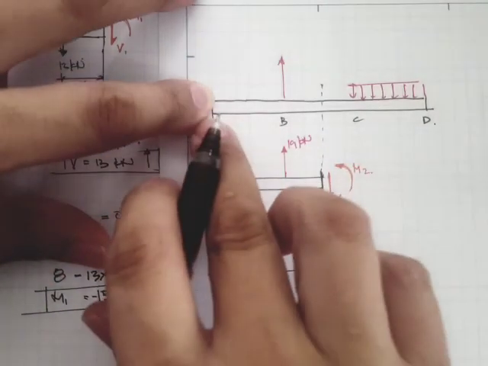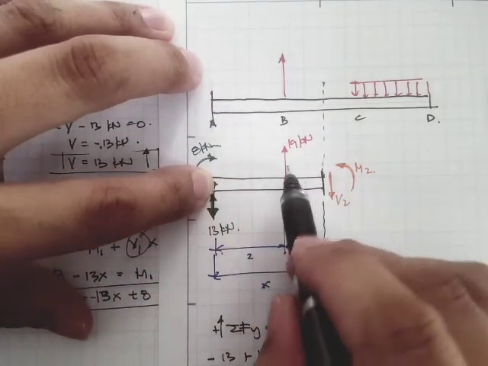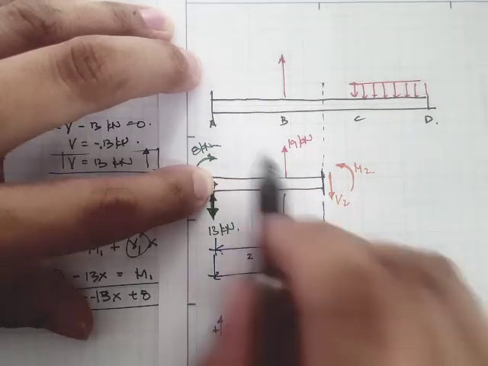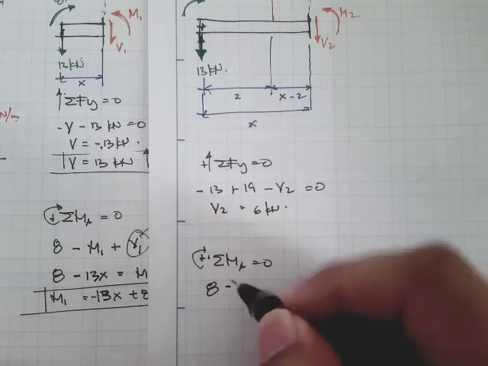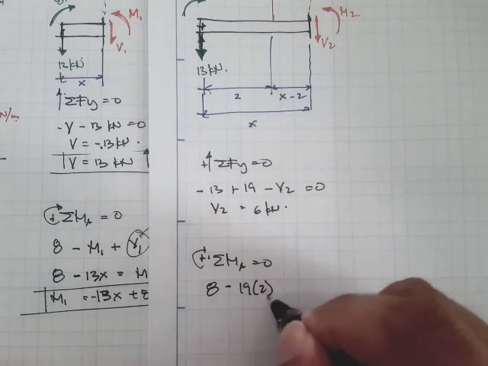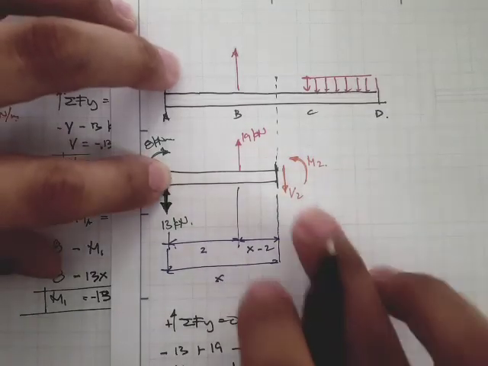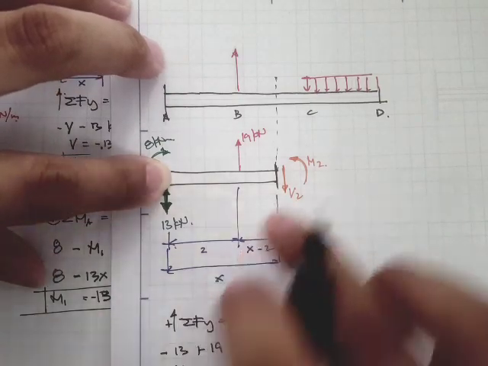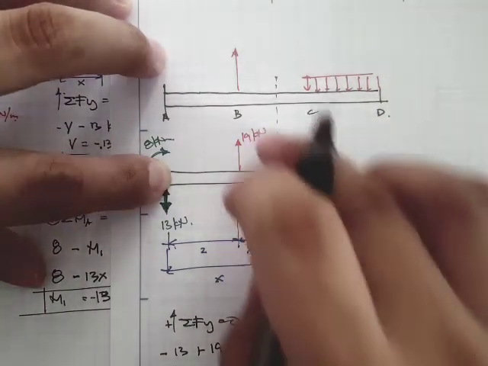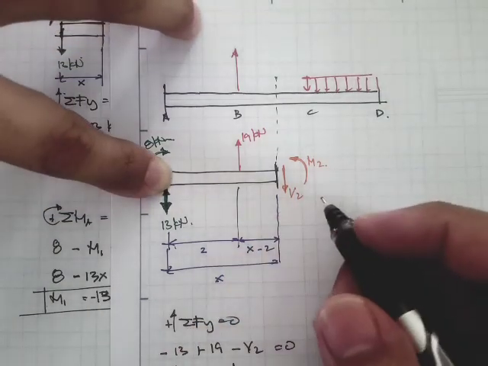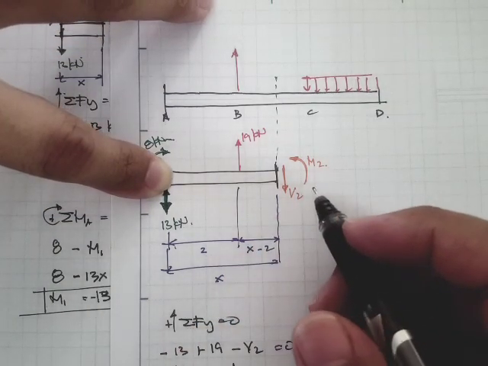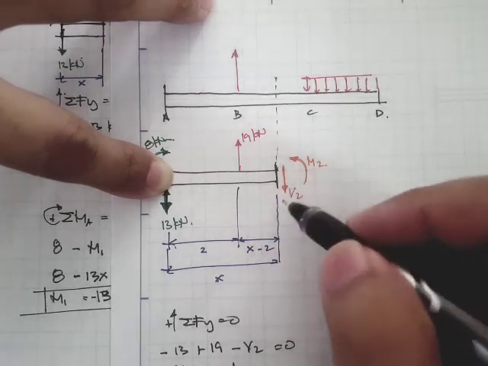Okay, and then this load will produce a counterclockwise moment, so 19 times the moment arm 2, and that's negative, minus 19 times 2. Okay, and then the shear force will also produce a moment, but this one produces a clockwise moment, and this one will be V times x.